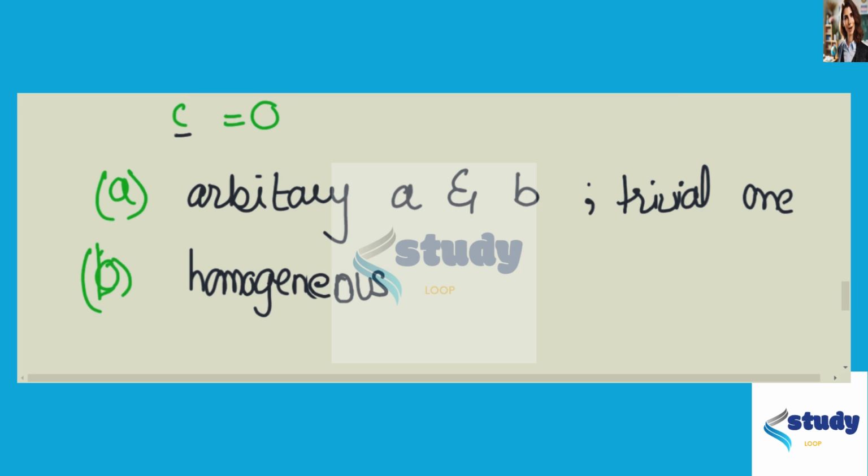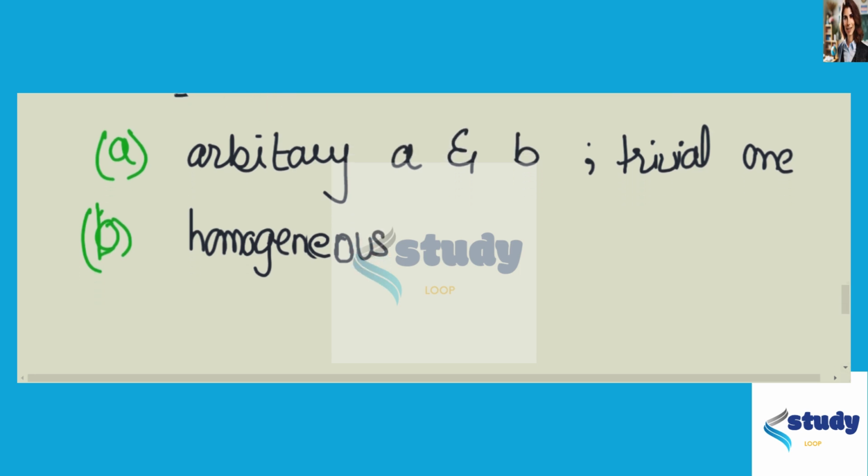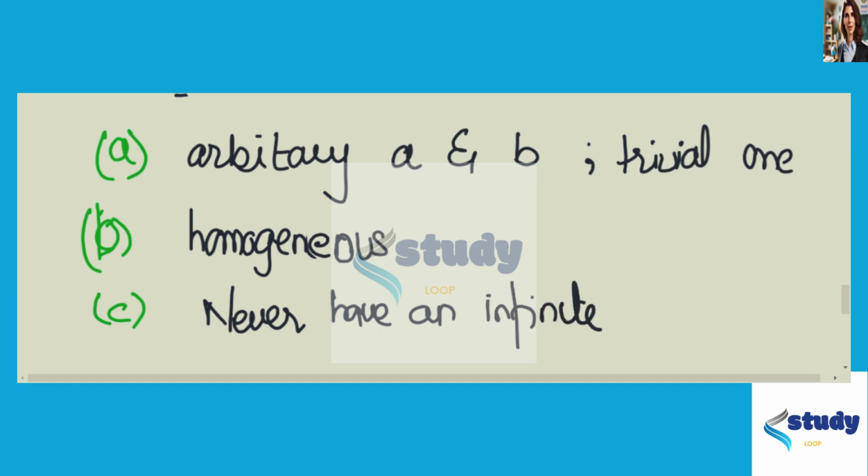It can never happen that the system does not have a solution. And the third part says that the system must have infinitely many solutions. Since it's homogeneous, it can never have an infinite number of solutions.